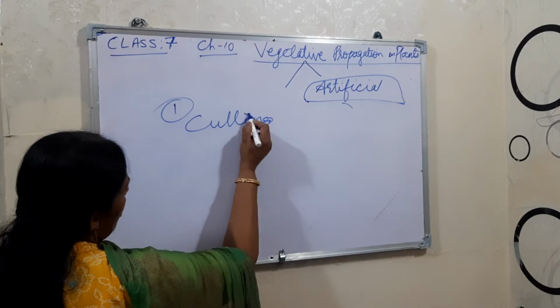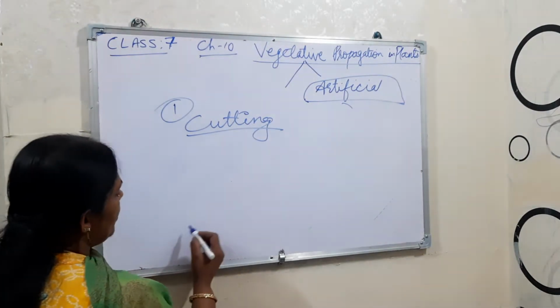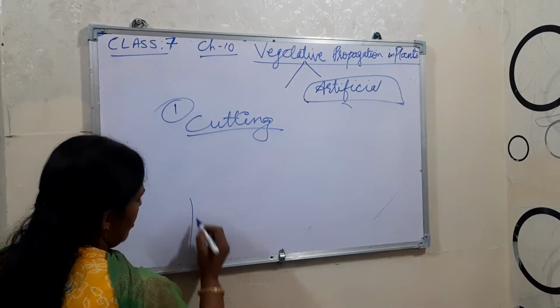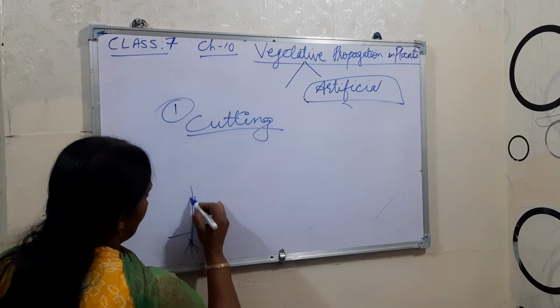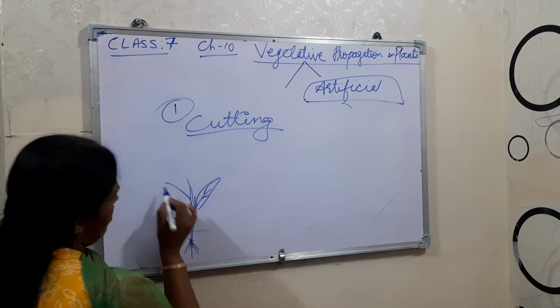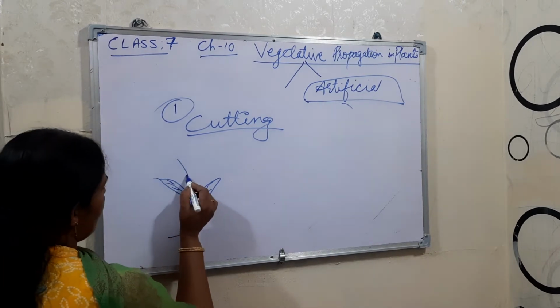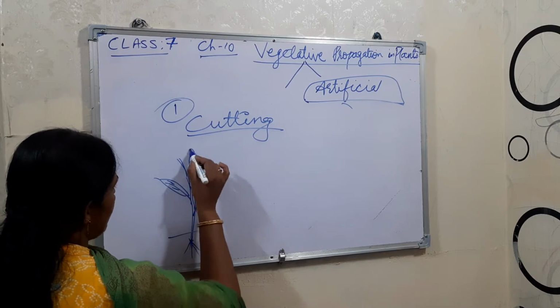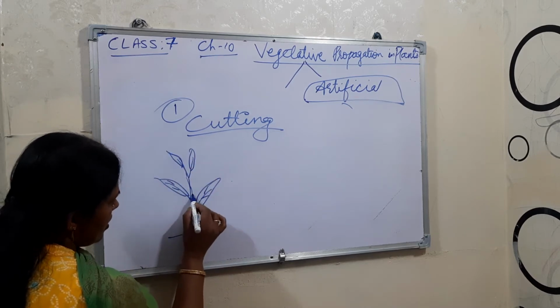This one we all are doing, right? Cutting. What it actually is, from the parent plant, leaf again produces. In between, this is the stem.